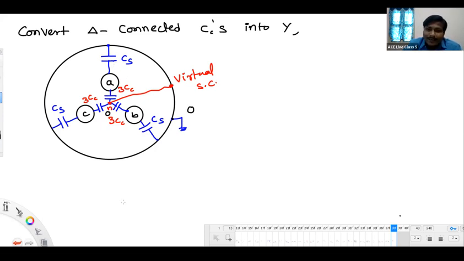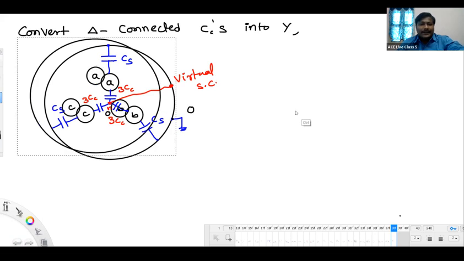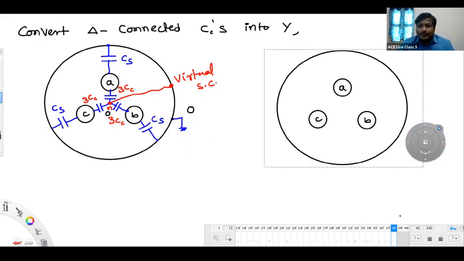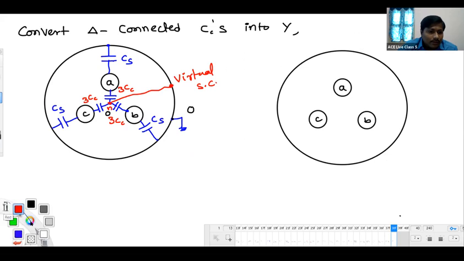Parallel. Okay, this 3 CC and CS are in parallel. Now let me show the modified diagram. CS and 3 CC are in parallel, like this you can see.